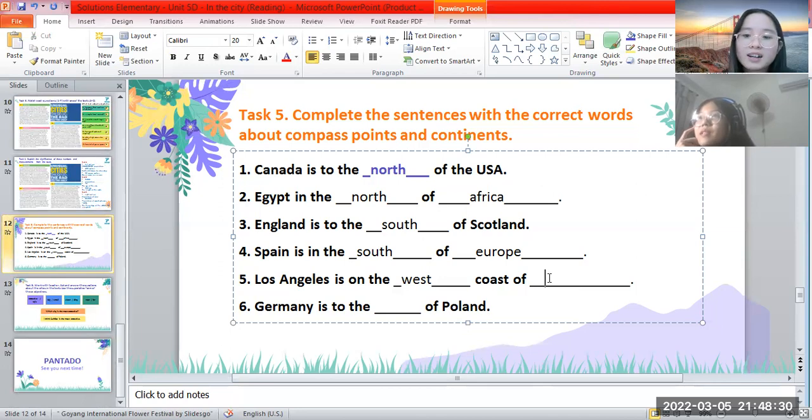North or South America? North America. It is in North America.